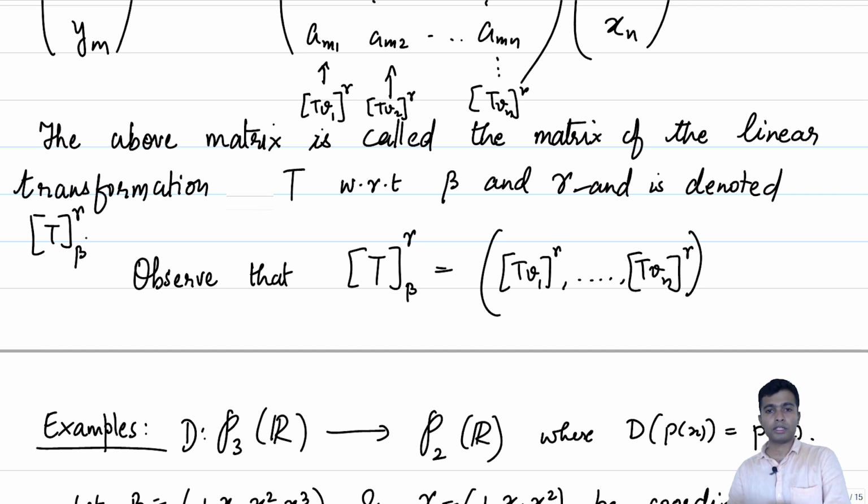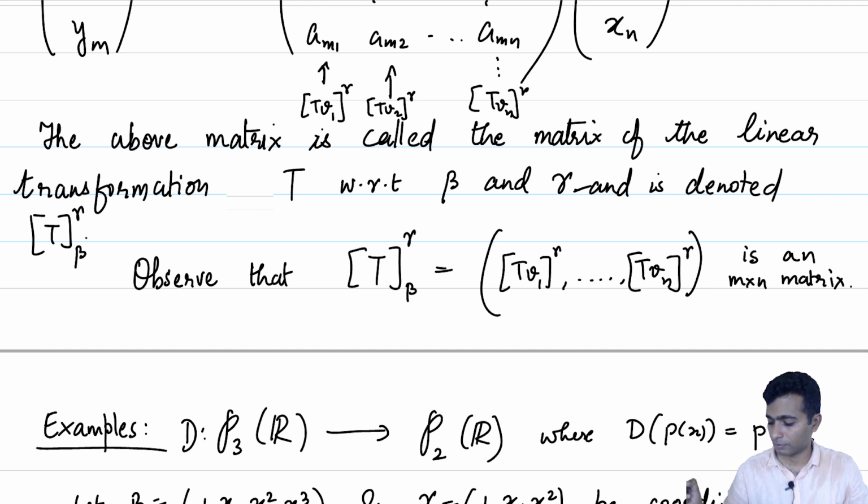So, this is an M cross N matrix. So, the columns turn out to be the coordinate vectors of the basis vectors from the coordinate basis beta of V mapped to W and written in terms of a coordinate basis in W.